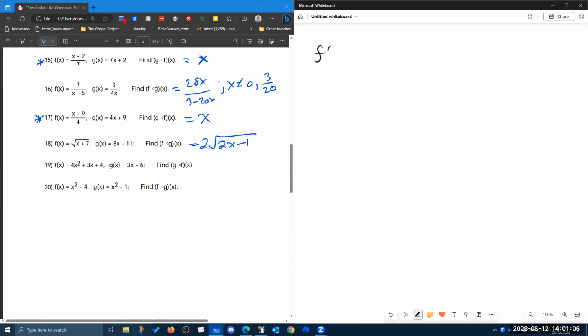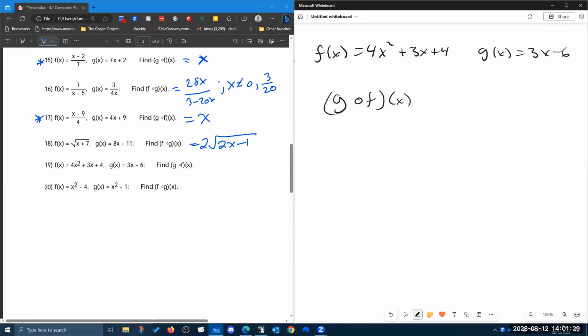Now we've got f of x equal to 4x squared plus 3x plus 4, and g of x is equal to 3x minus 6. So we want to find g of f of x now.